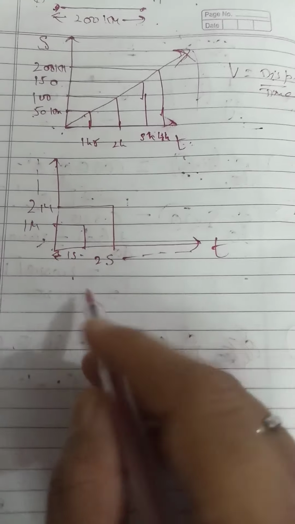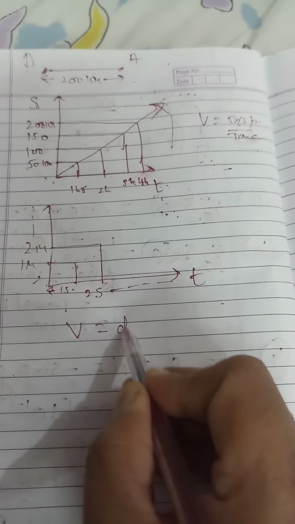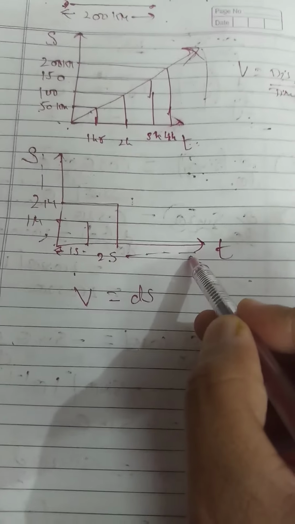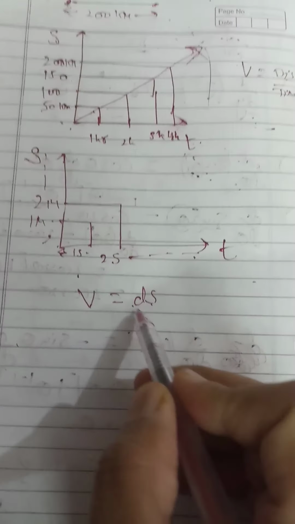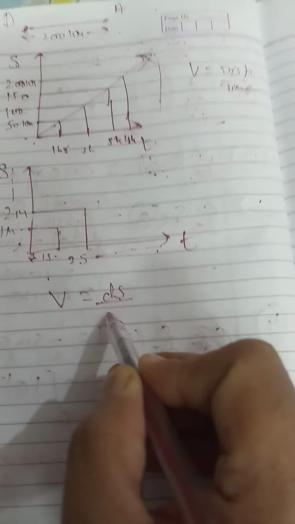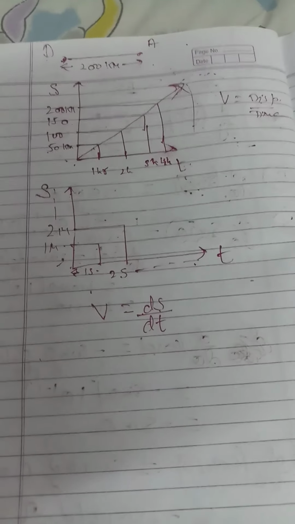So velocity can be calculated how? Differentiation of s, a very small interval, with respect to dt, any small time. So I have done here differentiation of distance with respect to time.